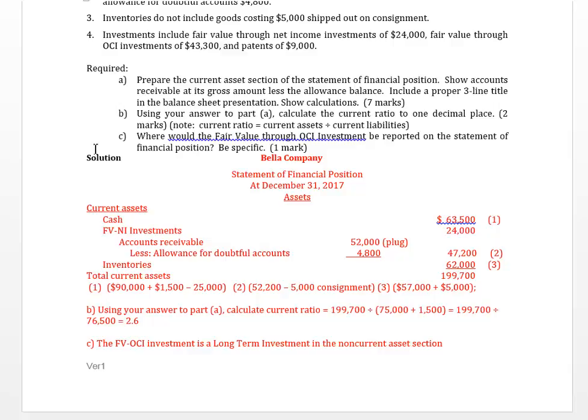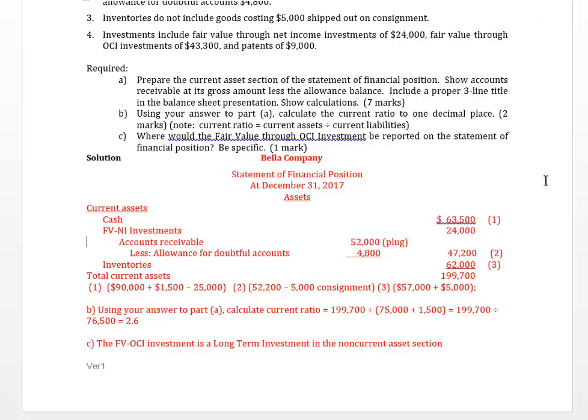Now, if we look at the fair value through net income investments, we just clarified that that's a current asset. I didn't tell you that the carrying value and the fair value, I didn't say there was any difference, so you could just take that as $24,000 as it was given to you in the additional information.